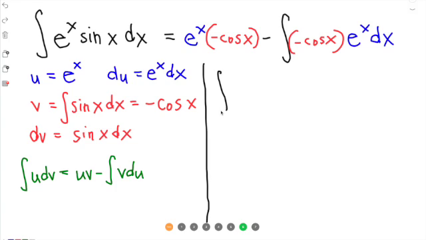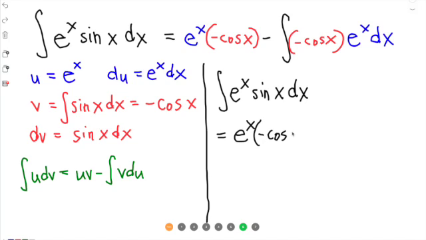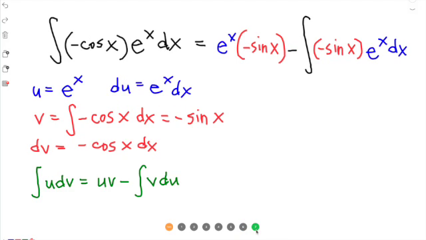the integral of e^x sine x dx is equal to e to the x times negative cosine x minus, we already evaluated this as e^x times negative sine x minus this integral here.